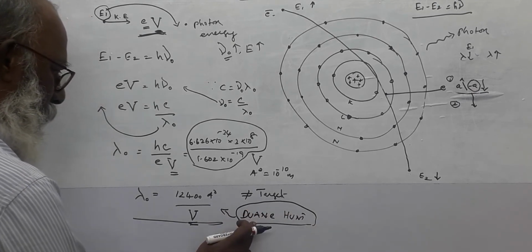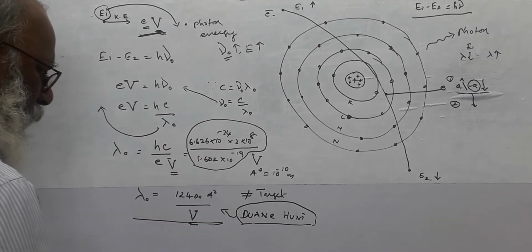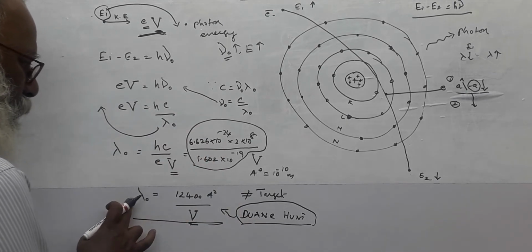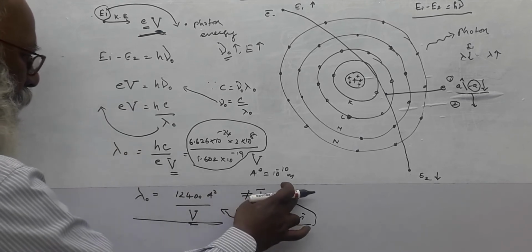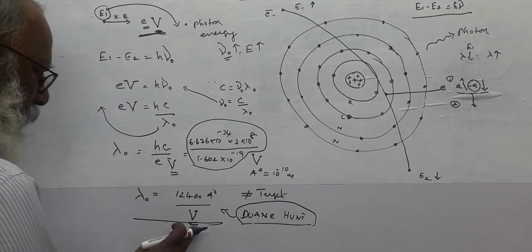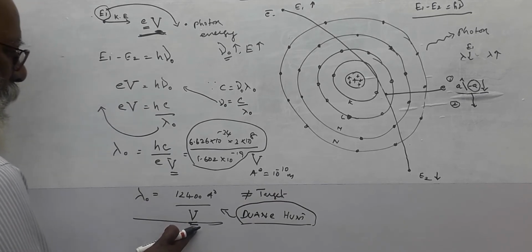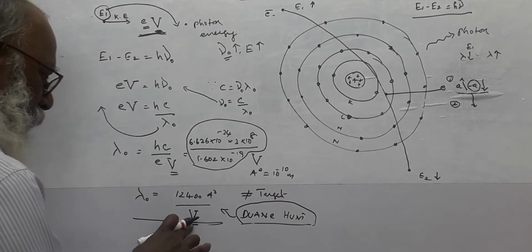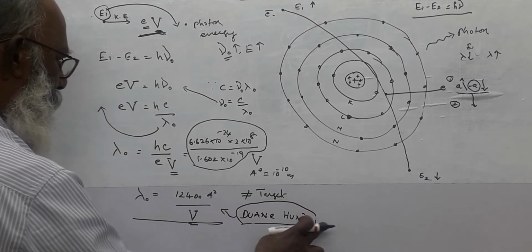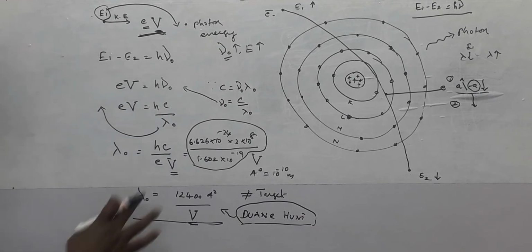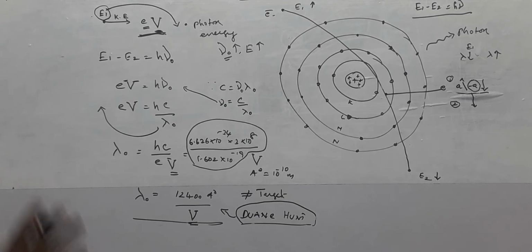From this equation, we see that lambda naught, the minimum wavelength, does not depend on the target but depends on the accelerating potential. If you keep the accelerating potential constant and change the target, there is no alteration in the wavelength. That is a very important point to remember. The cutoff wavelength is constant.